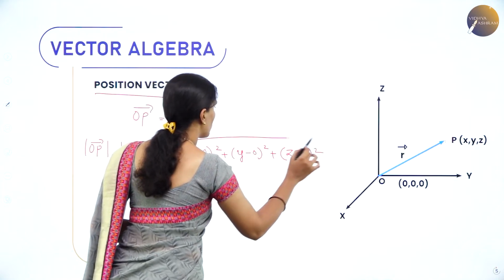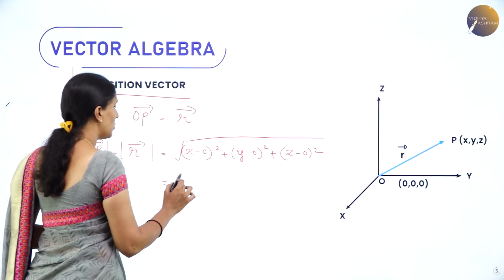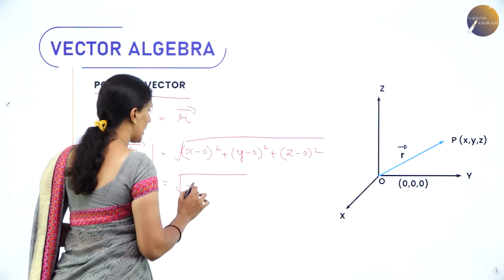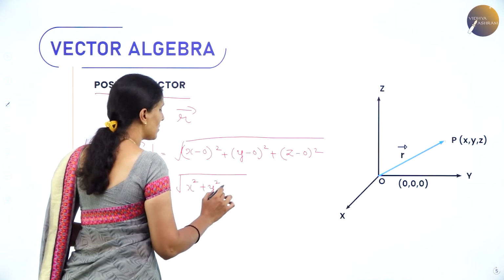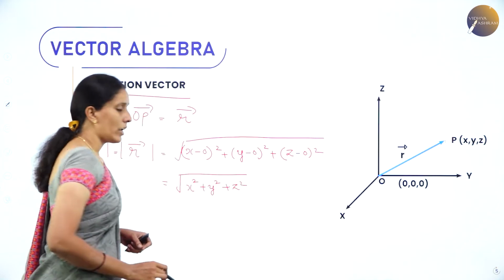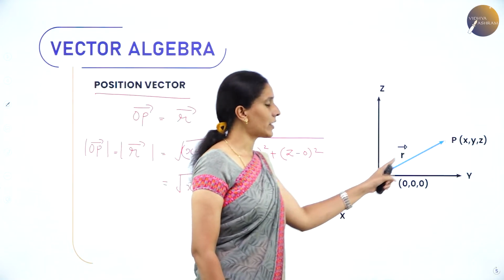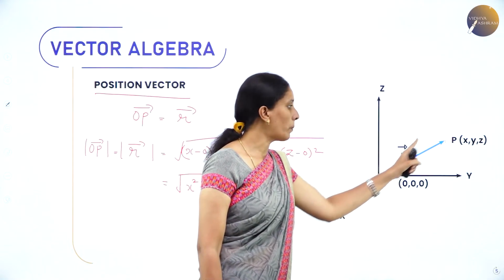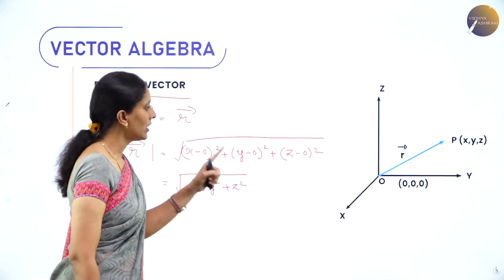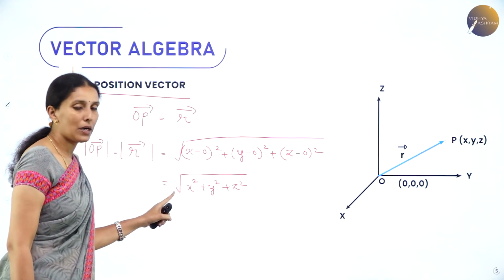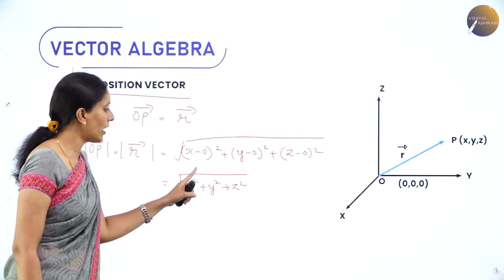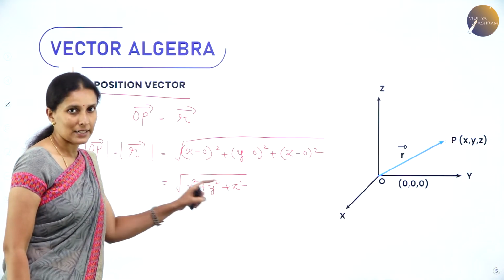Therefore, the magnitude of any position vector from the origin, that is OP, is the square root of x square plus y square plus z square.